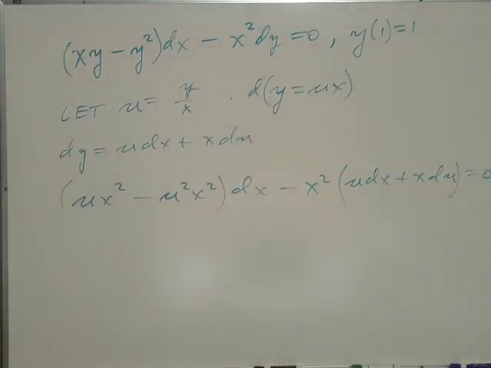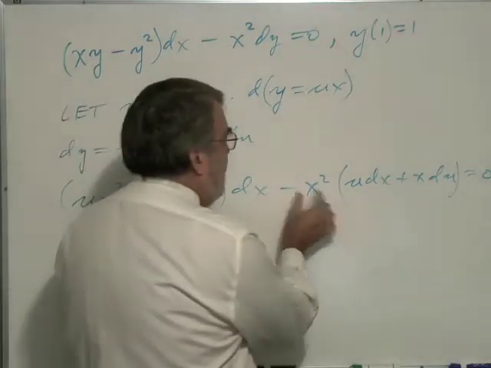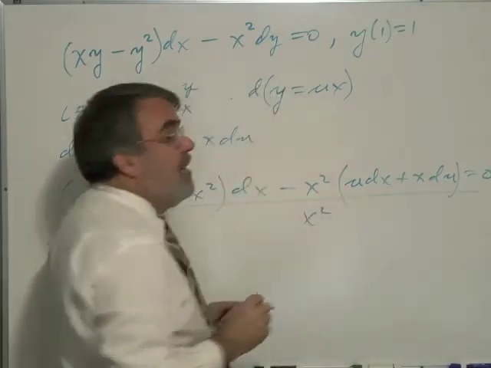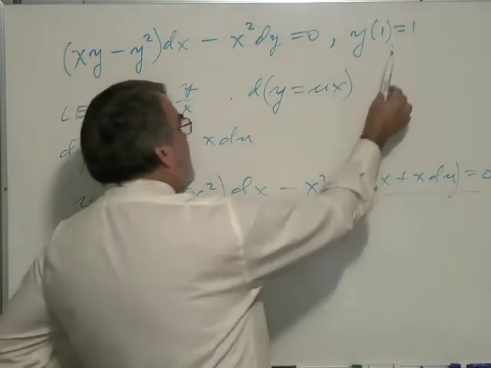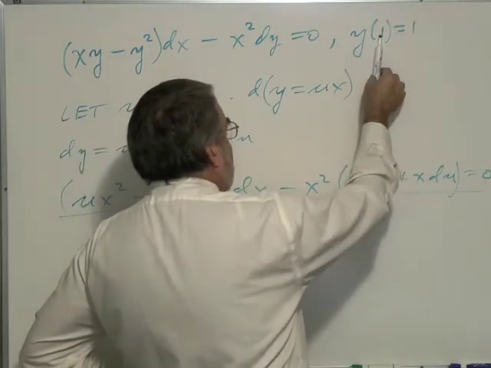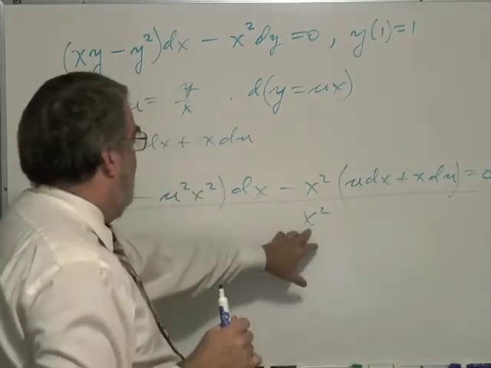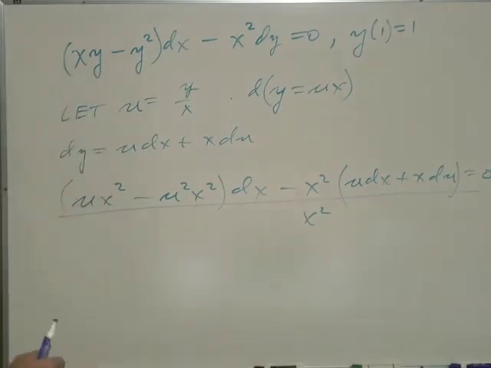All right, so what can we do here? We can factor out x squared, so let's divide everything by x squared. I just noticed that the initial condition was y equals 1 when x equals 1. Notice they didn't have x equal to 0, because I would be dividing by 0, wouldn't I? Food for thought.